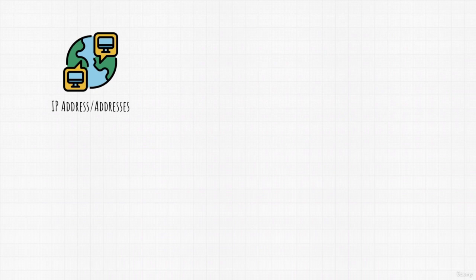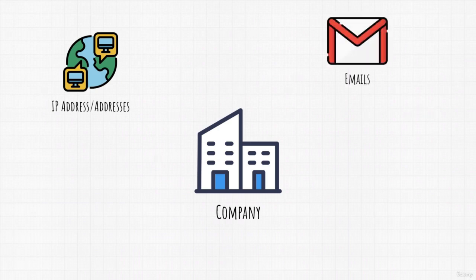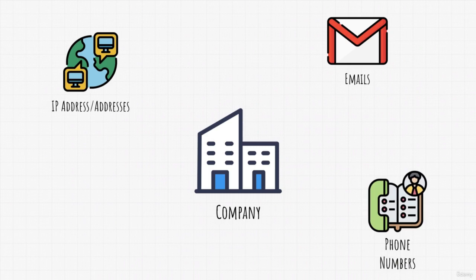This could be, for example, a company that has servers and buildings all around the world. And if we were to test this company, we would also be interested in their employees. For example, we would want to gather their emails, which could be useful for a future attack to gain access to that company, or we could possibly want to gather their phone numbers, which could also be useful.